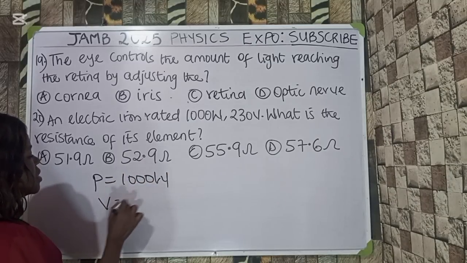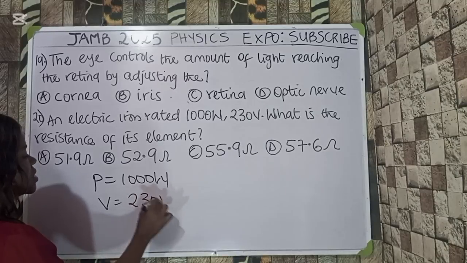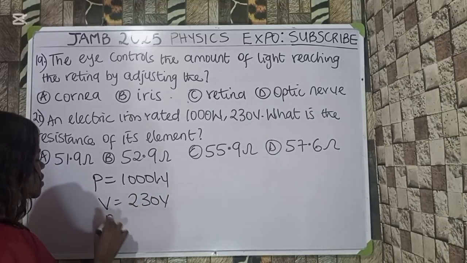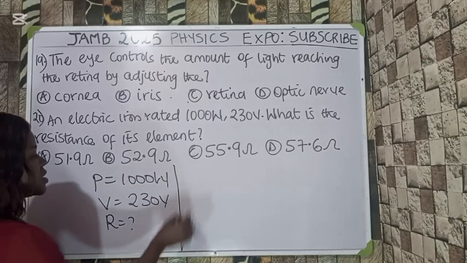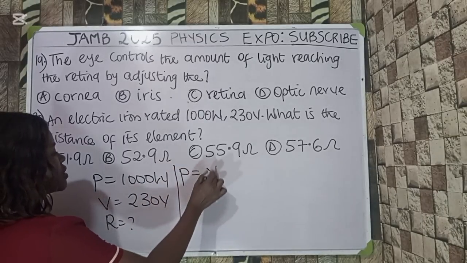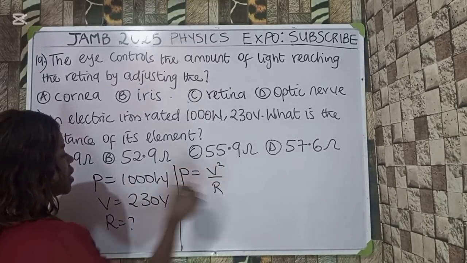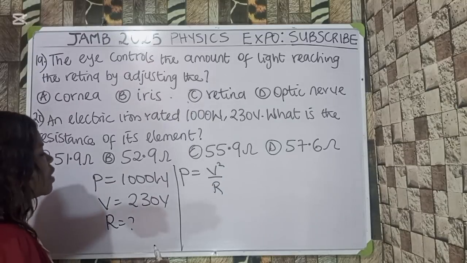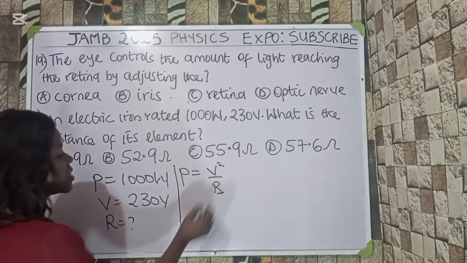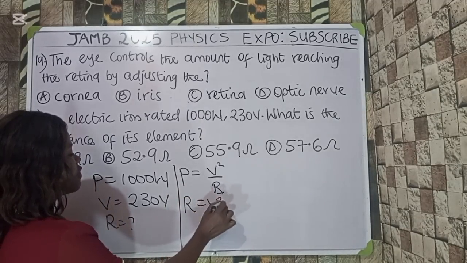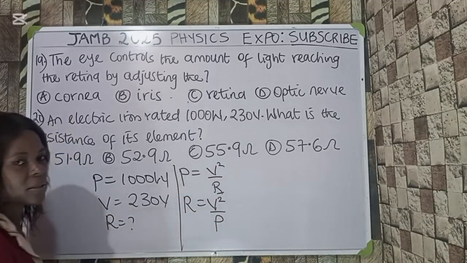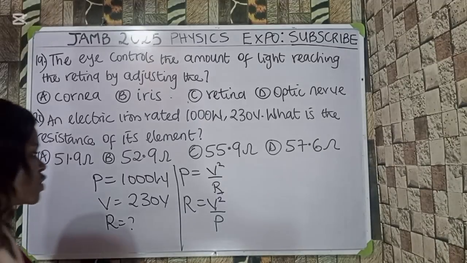Then we have PD to be 230 volts, and we are looking for the resistance. So the formula we are going to use is power equals V squared over R. If I want to get the resistance, I will just say that resistance is equal to V squared over power. Is that clear?